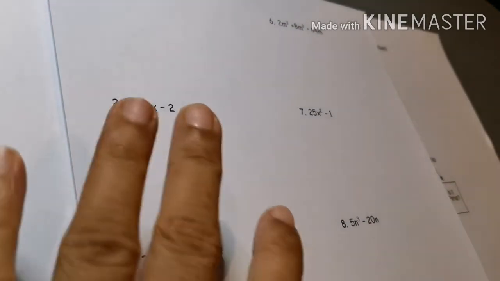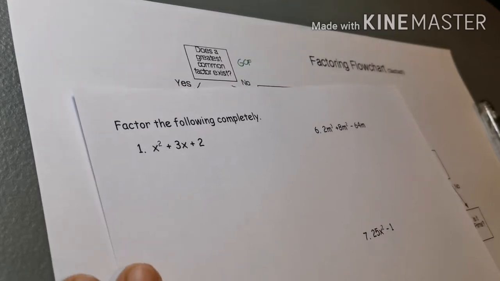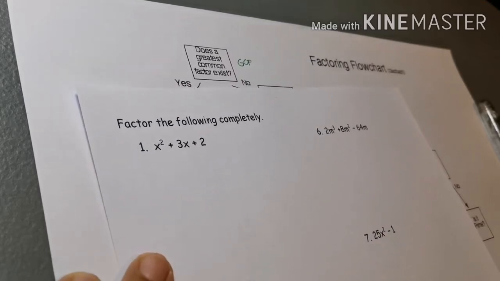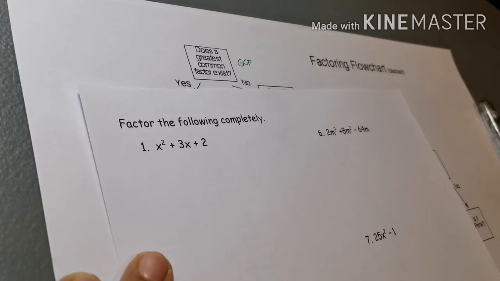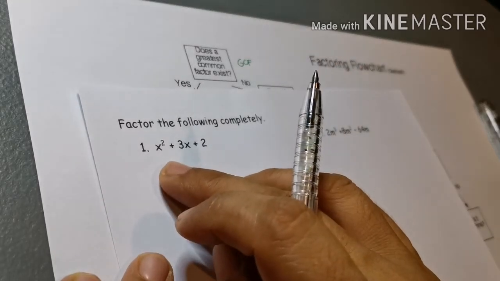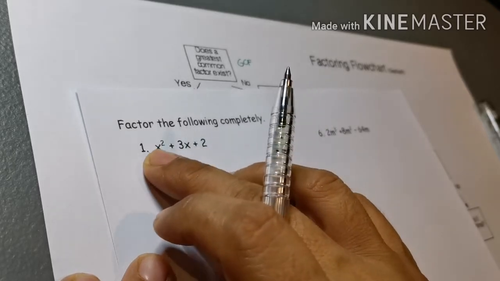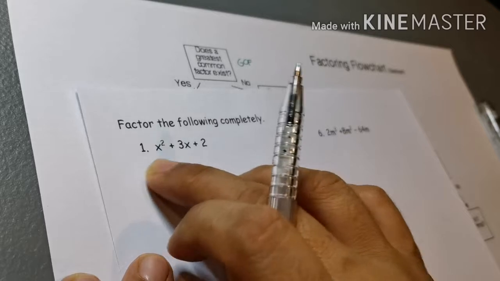Number one, we have x squared plus 3x plus 2. For the first question, does a greatest common factor exist? Of course, there is no common factor among these three terms.